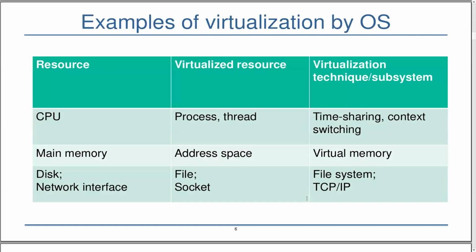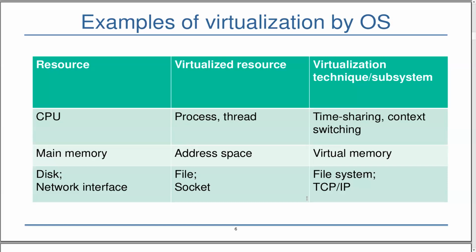So we previously mentioned different resources. For CPU, the virtualized resource is going to be a process or a thread. So how many of you have heard what a process or a thread is? Okay. So we'll talk about this in this course, but fundamentally it's an entity that allows you to provide some sort of virtual CPU to your program, a virtual slice of your CPU to a program.